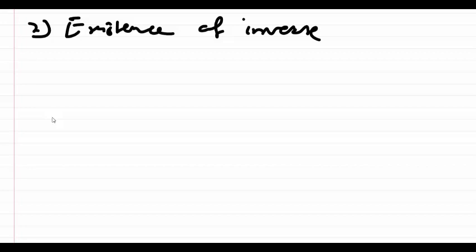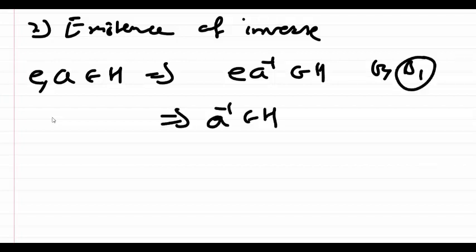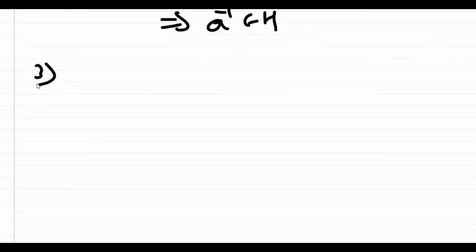Second is existence of inverse. a and e both belong to H implies e a inverse belongs to H by B1, and that is nothing but a inverse belongs to H. In this way we proved the inverse property. Third is closure property.